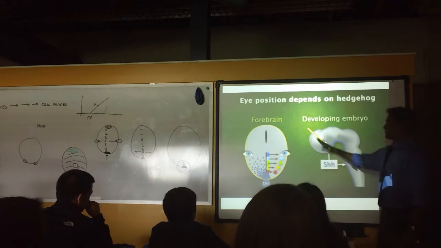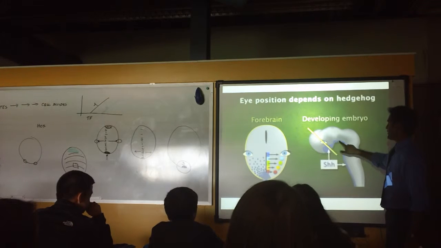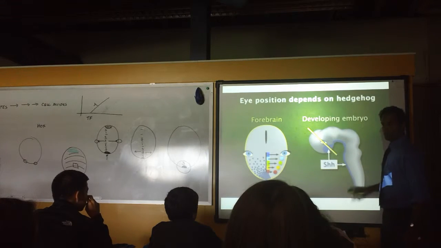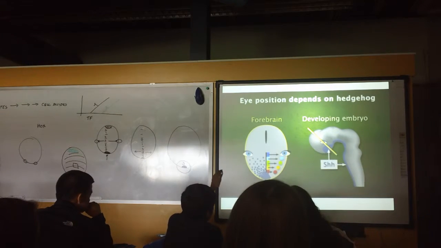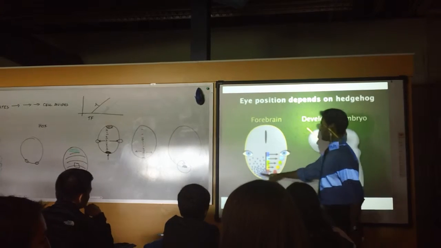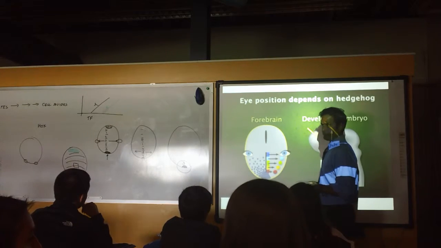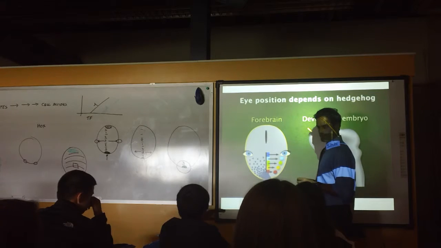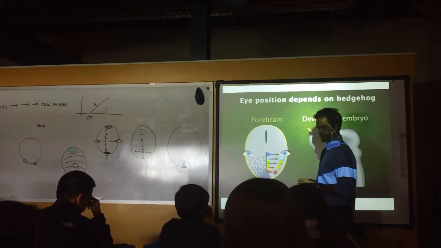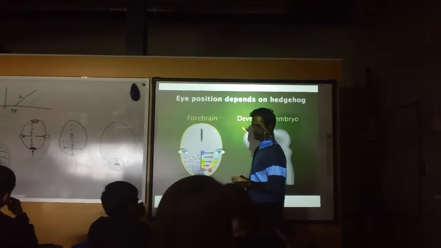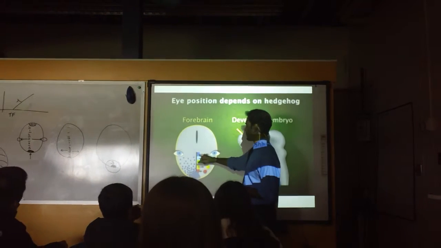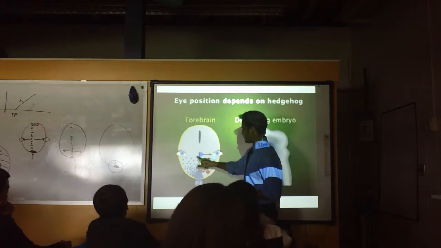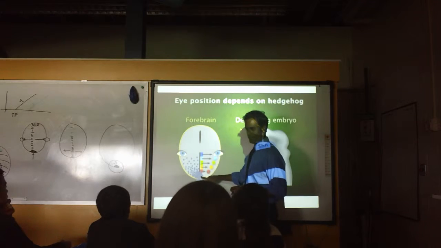So this is the cross section. Sonic is being produced here. Right? This is the higher concentration as we go down. So with this blue level, this level is here.